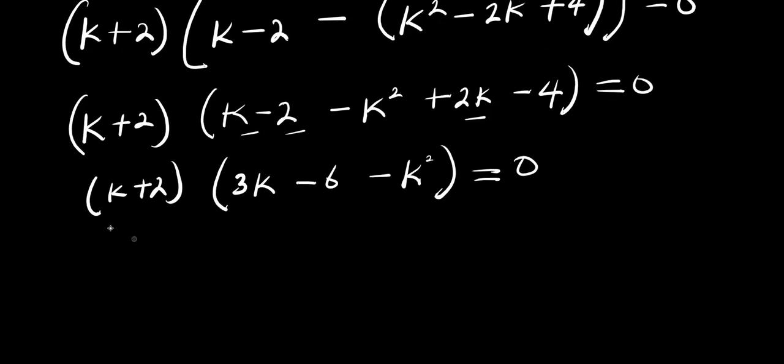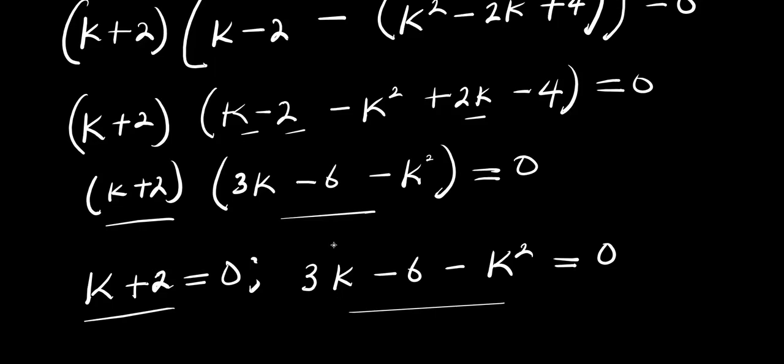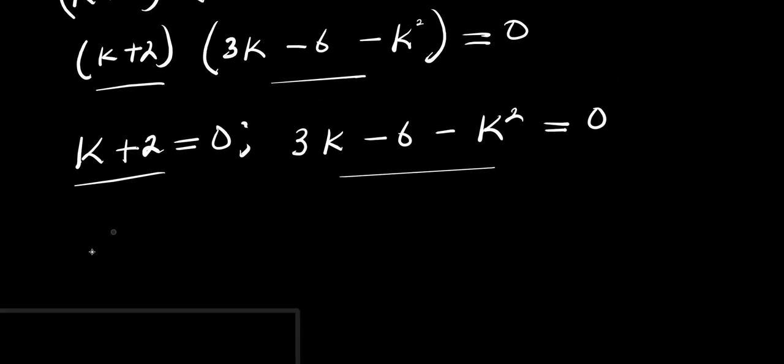So let's equate each of these to 0. We have k plus 2 equals 0. We have 3k minus 6 minus k squared equals 0. So let's solve each of them. So from here we have k equals negative 2. This is my k1.